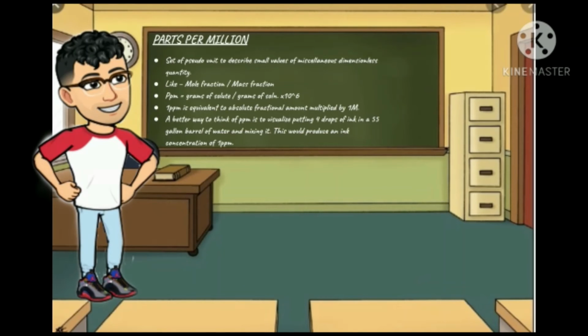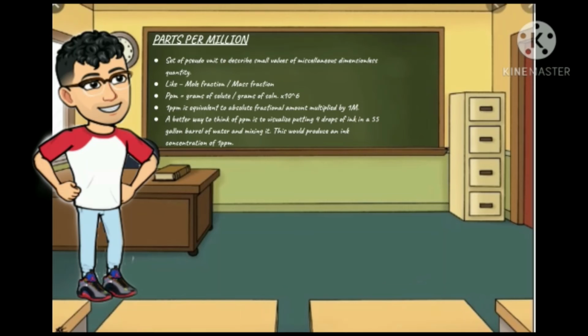So, the last method of expressing concentration is ppm, that is parts per million. In various fields, parts per million is a set of pseudo-units to describe small values of miscellaneous dimensionless quantities like mole fraction or mass fraction. ppm is equal to grams of solute divided by grams of solution times 10 raised to the power of 6.